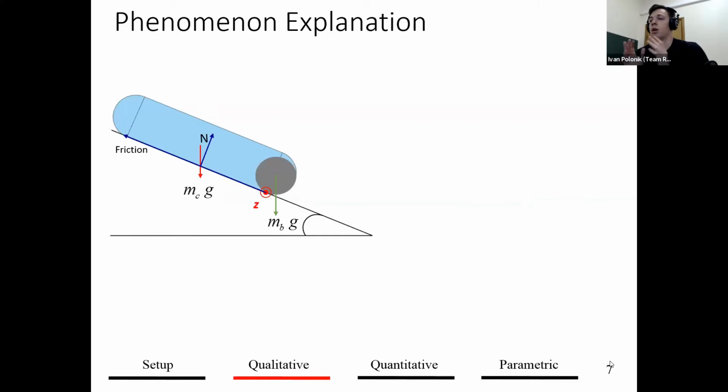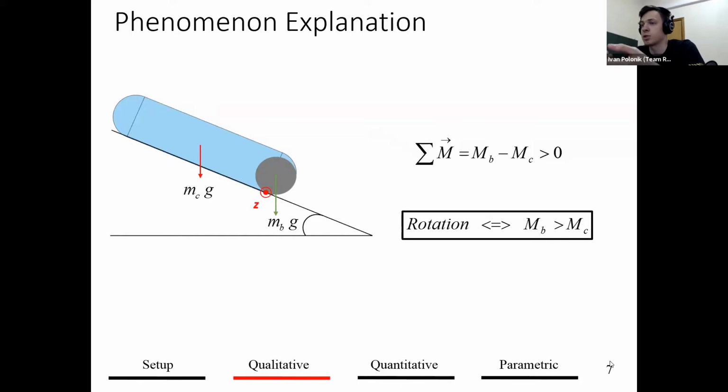Now let's combine the system all together and put a metal ball inside a plastic capsule. What happens in this case? At the critical moment, when the system is near the start of rotation, both the normal and friction forces cross the z-axis, which we see on the frame, and so the torque around this axis is equal to 0.